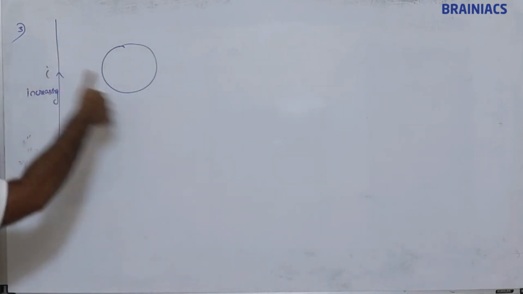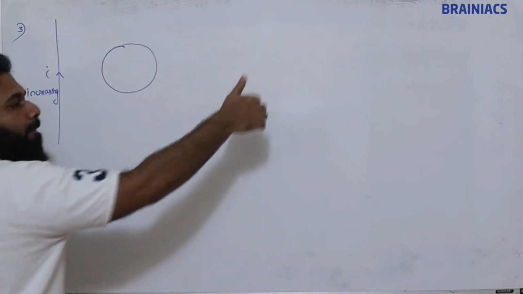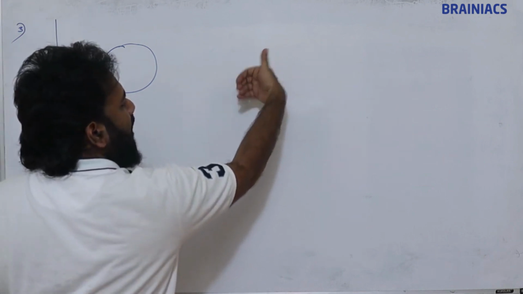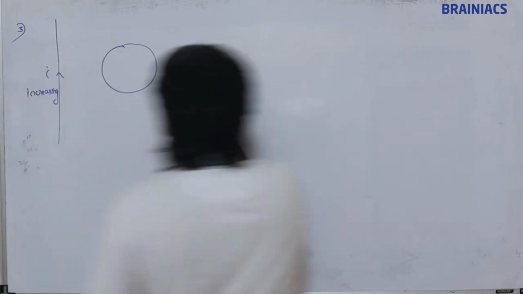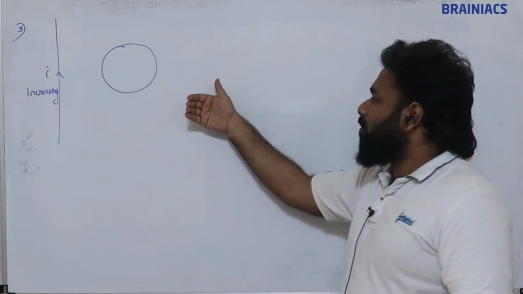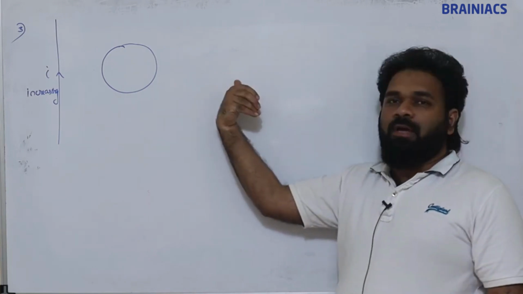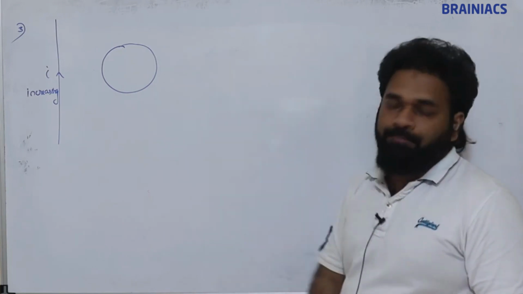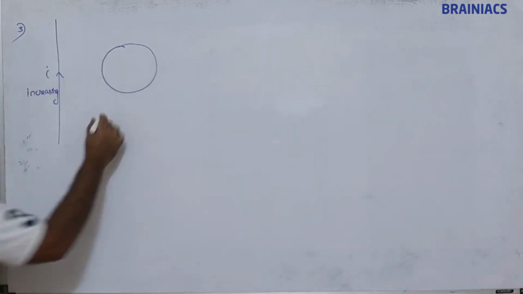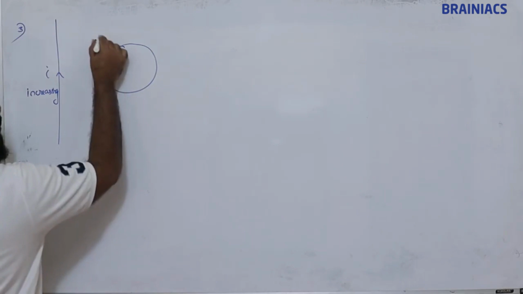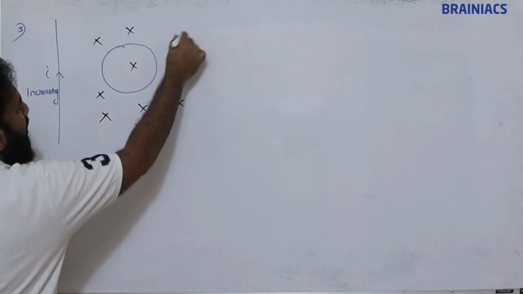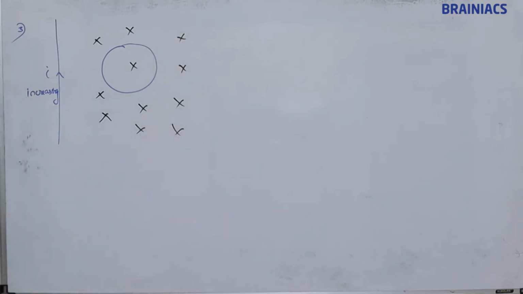By the right hand thumb rule, the magnetic field on this side will be coming out. Likewise, on this other side, the magnetic field is going in. So this is the direction of the magnetic field.